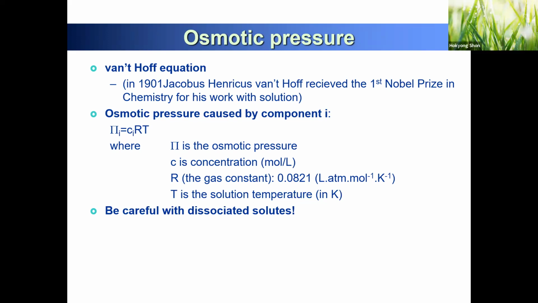If you want to know everything, you have to calculate every single compound. But for most studies, we can roughly design with, let's say, 35 grams per liter TDS, where the osmotic pressure is 27 bar.